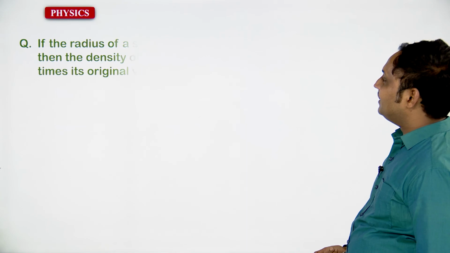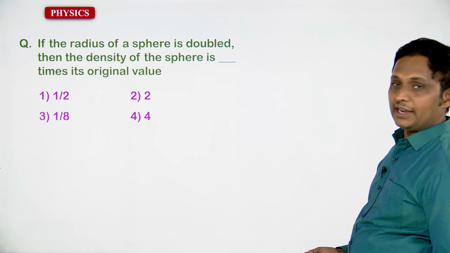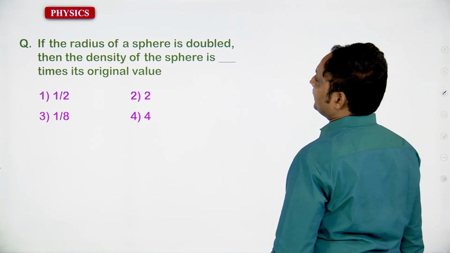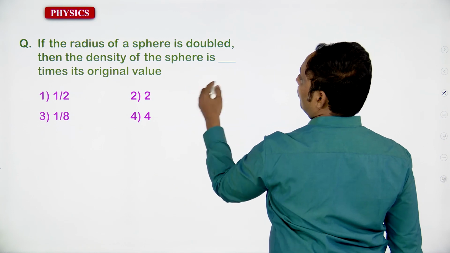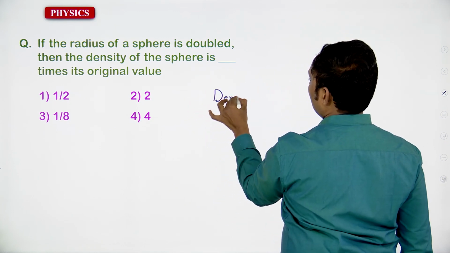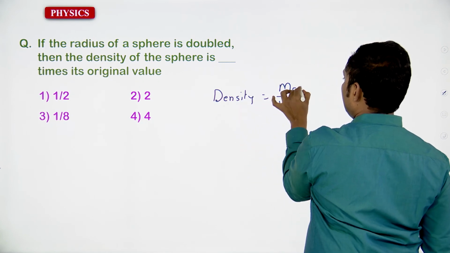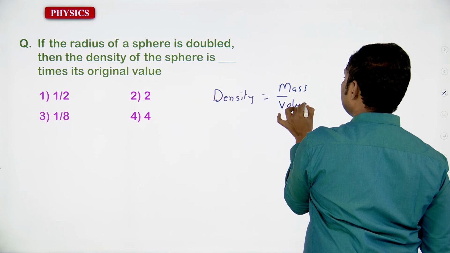Let's go for another one. It's very clear. We would like to get this one. The radius of the sphere is going to be doubled. What about its density? You know, density is equal to m by v, that is mass by volume.